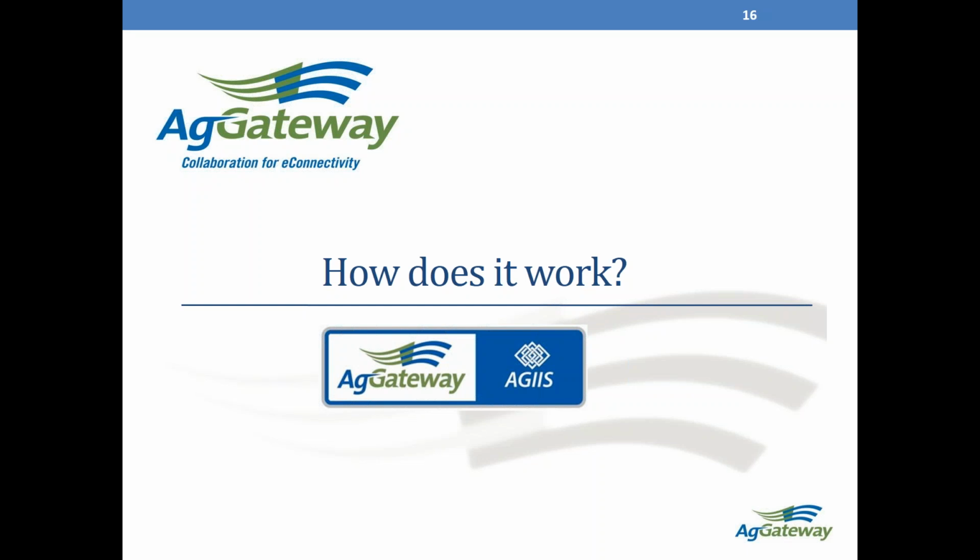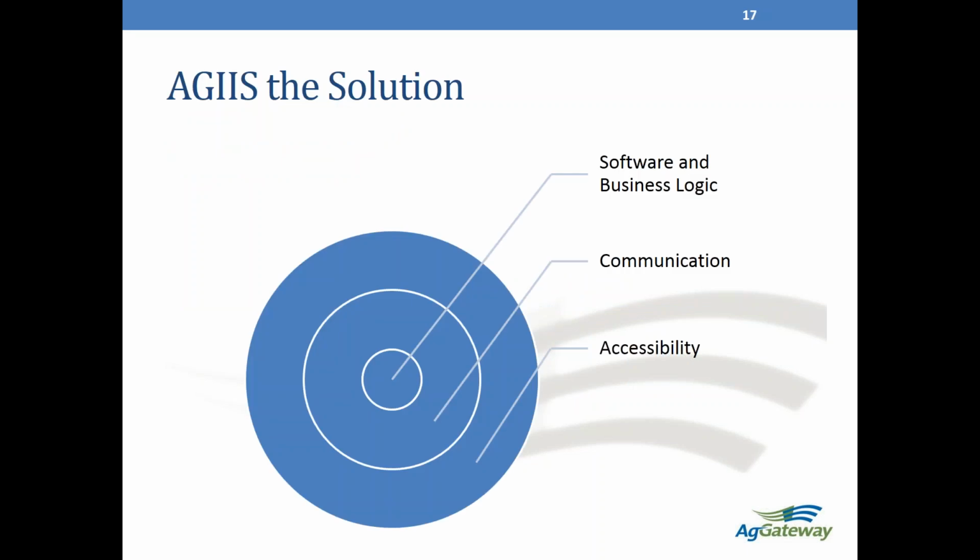All right. So there will still be some more opportunities for questions, but we'll dive a little deeper here and talk about how it works. As a broad look, AGIIS the solution is made up at its core of software and business logic.